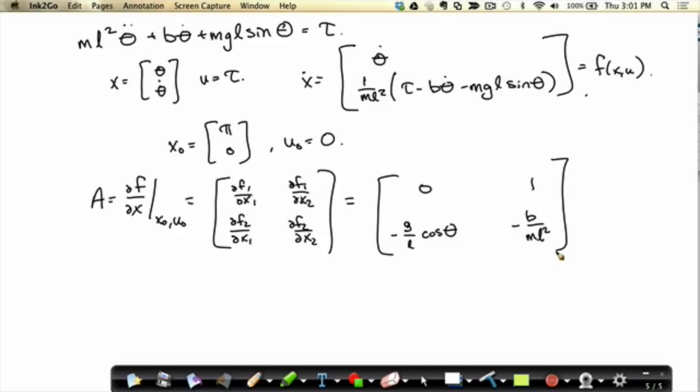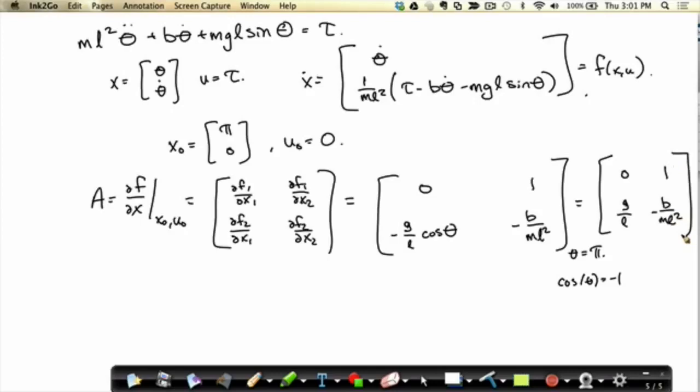I'm going to evaluate this at theta equals pi, so cos theta equals negative 1. So I get out 0, 1, g over l, negative b over ml squared. Okay, that's my linearization.